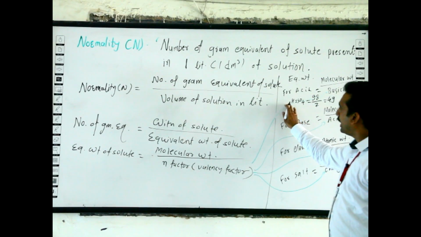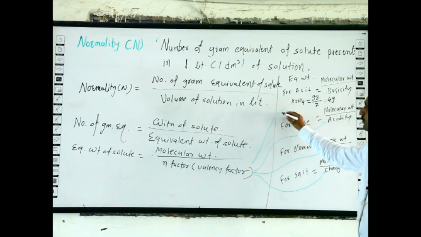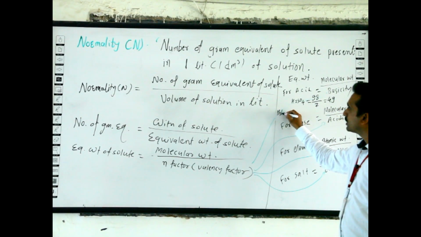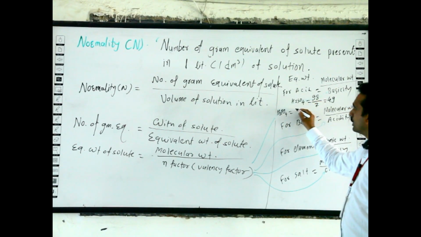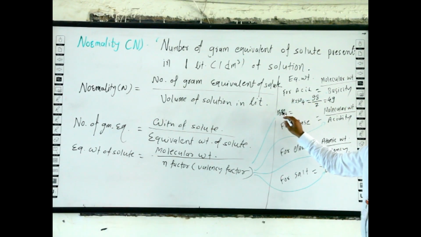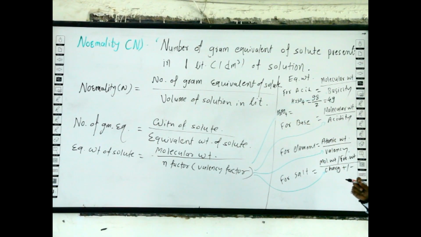For H3PO4, the molecular weight is H3 is 3, phosphorus, oxygen 64, that is again 98, but H3, so 98 by 3 is equal to 32.6.